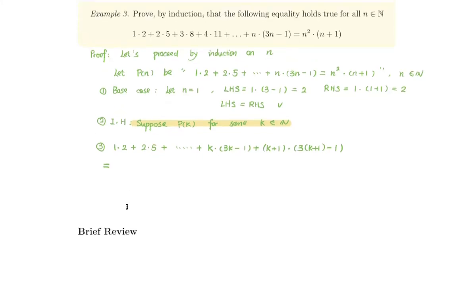What can we use right now? We use the IH. Exactly, okay? The IH is saying that this whole part equals k squared times k plus 1, plus k plus 1 times 3k plus 3 minus 1, which is 3k plus 2.